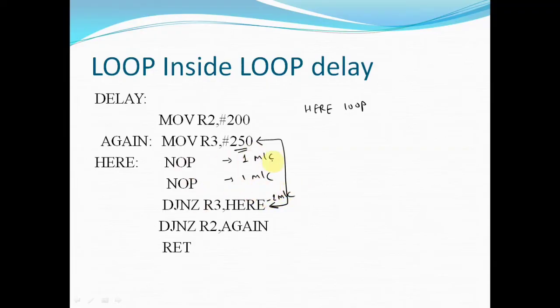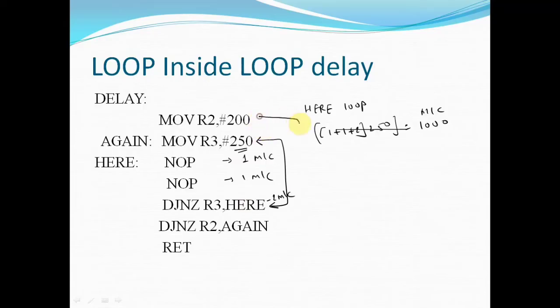So what is the delay? (1 + 1 + 2) multiplied by 250 is the number of machine cycles for this inner loop, which is 4 into 250, equal to 1000. So these are the machine cycles required for the inner loop.